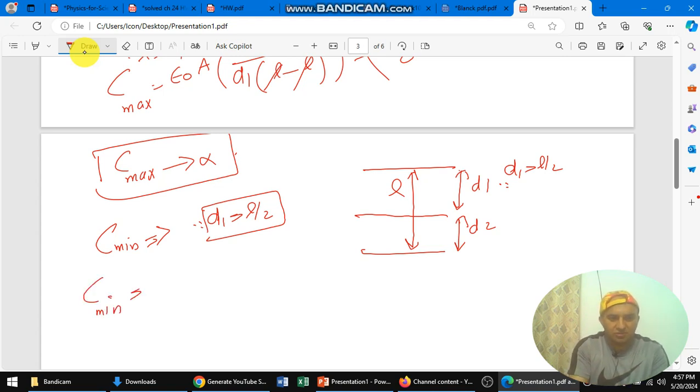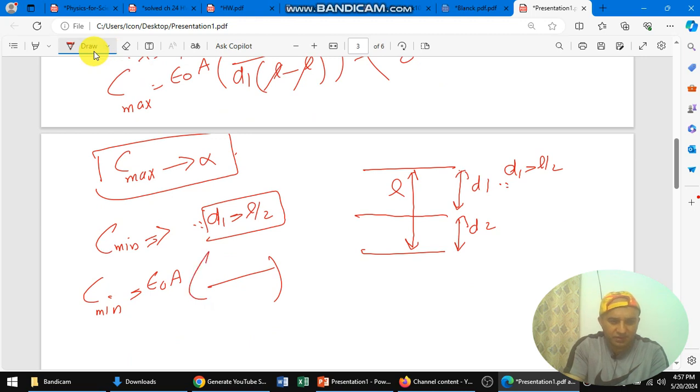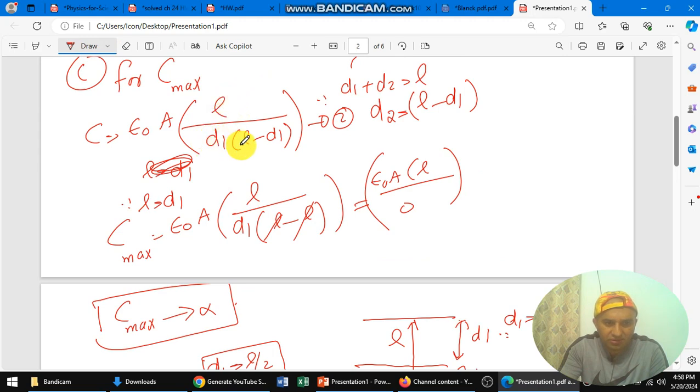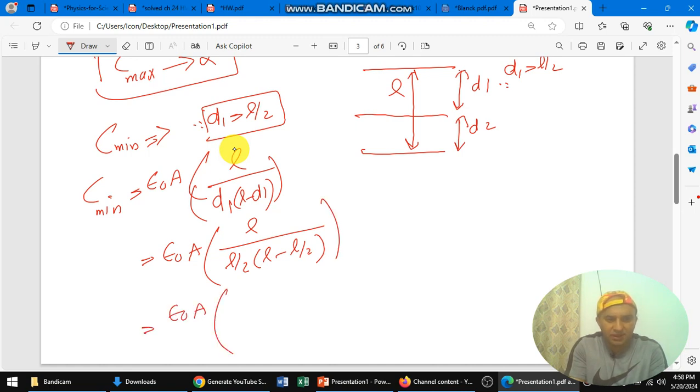For the minimum capacitance we use the same formula, epsilon naught A times (D1 plus D2) over D1 into D2, in its modified form: epsilon naught A L over D1 into L minus D1, which we already discussed above. Now D1 becomes L over 2, so L minus L over 2 is L over 2.